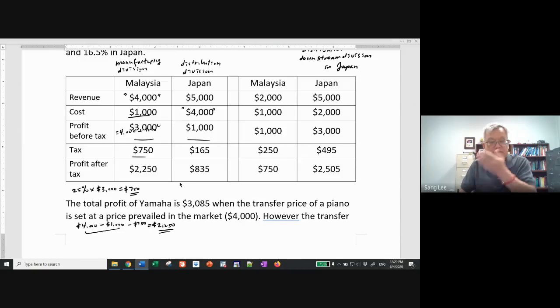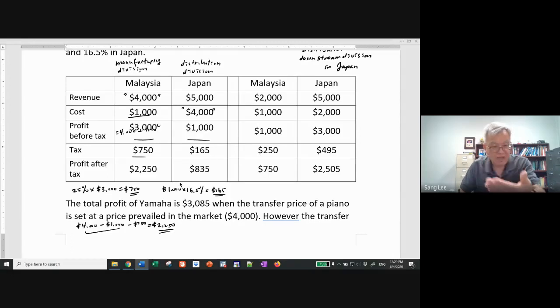So when the distribution division earns an income of $1,000, now what? The income was earned in Japan, so it is just subject to Japanese tax law, and the tax rate is 16.5%. So the $1,000 times 16.5% is exactly $165.